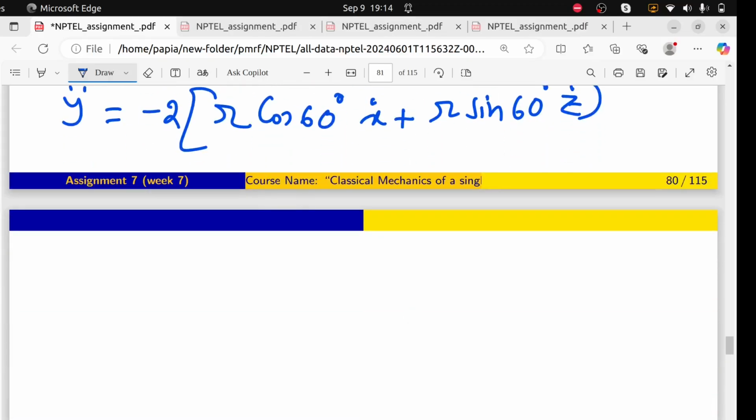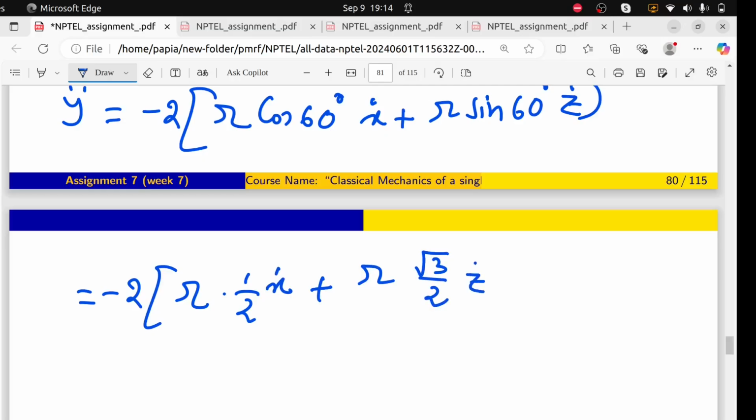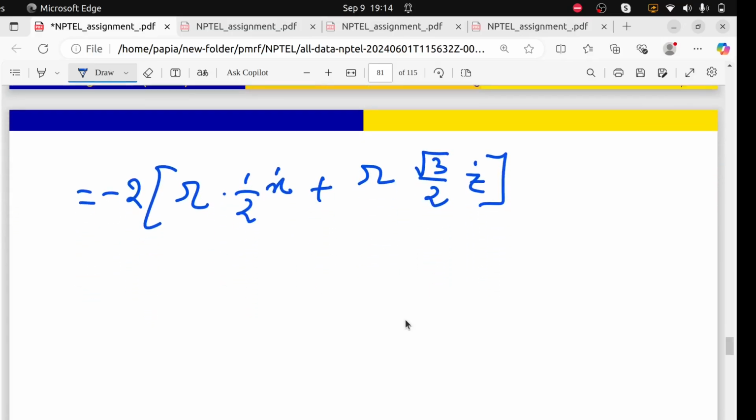So this will give me minus 2 omega times 1 by 2 x dot plus omega root 3 by 2 z dot. So this will give me minus omega x dot plus root 3 omega z dot.